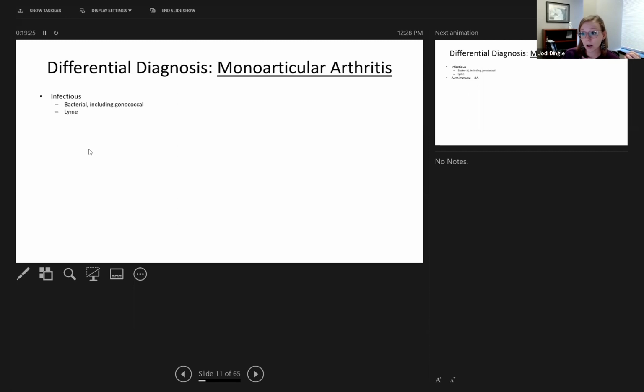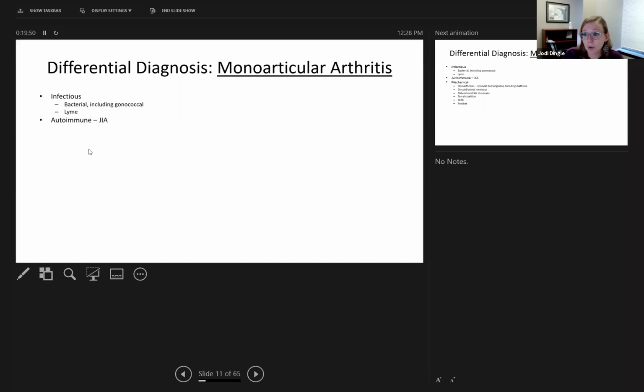Gonococcal arthritis can also cause a monoarticular arthritis. And Lyme. We don't have much Lyme in South Carolina, but getting a travel history to think about whether they've been to the Northeast or Minnesota or somewhere that has more Lyme than we do can help with that distinction and whether you need to go down that path of sending Lyme serology.